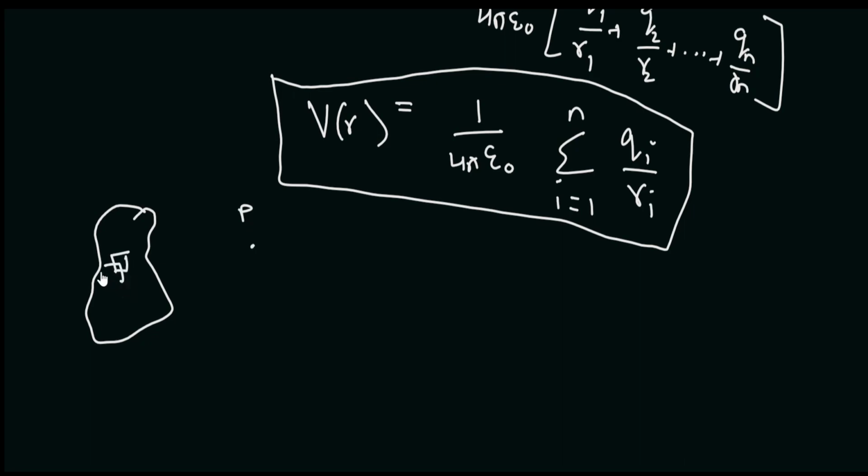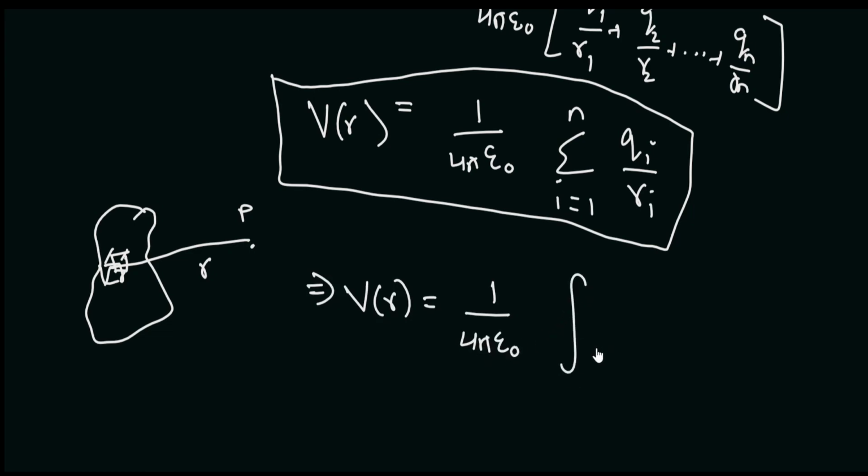We will first take a small cube of volume d tau and let the distance of this cube from the point P be R. Then the potential will be equal to, constants will come out, integral of, let rho be the volume charge density times d tau, where d tau is this small cubical volume, and we will integrate this over the entire volume, and this whole divided by R.